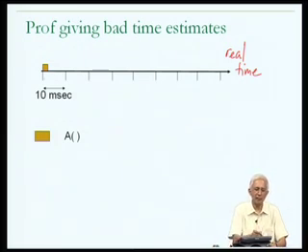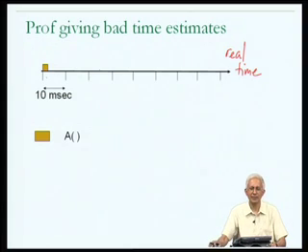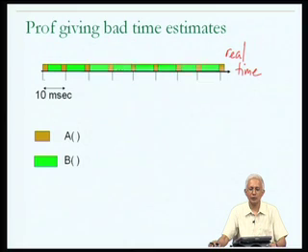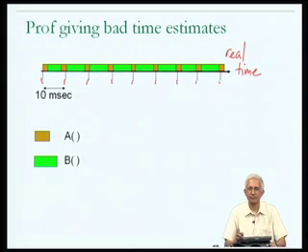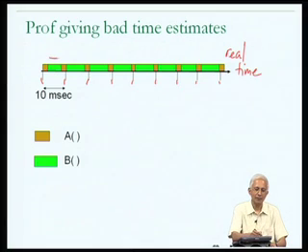Function A runs for a few milliseconds or less, and then it calls function B, which is the green function, and then function B calls function A again, and then after a little while of execution, function A calls function B, and so on. So you can see that every time the 10 millisecond timer interrupt happens, it just happens that function A is running. But the bulk of the time in between, it turns out that function B is running.